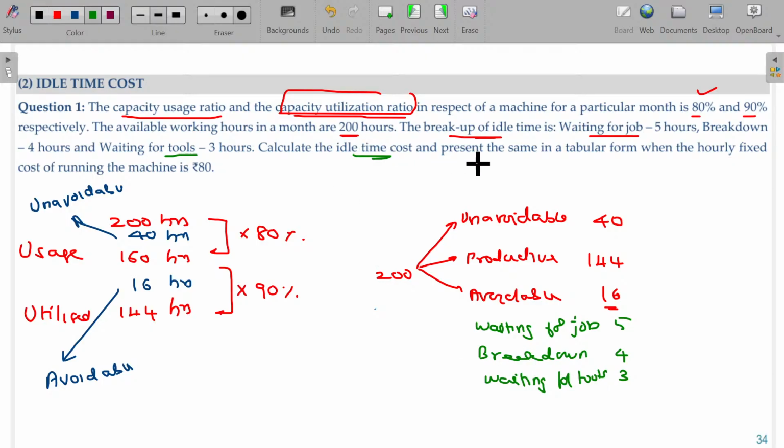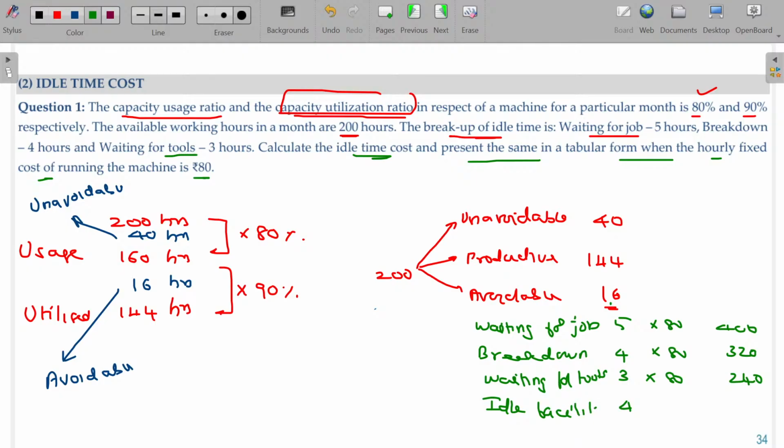Calculate the idle time cost and present the same in table form when the hourly cost of running the machine is 80. Now here 5 into 80, 400; 4 into 80, 320; 3 into 80, 240. But of 16 hours, in total you get only 12. Another 4 may be considered as idle facility, where you still have the facility without usage.